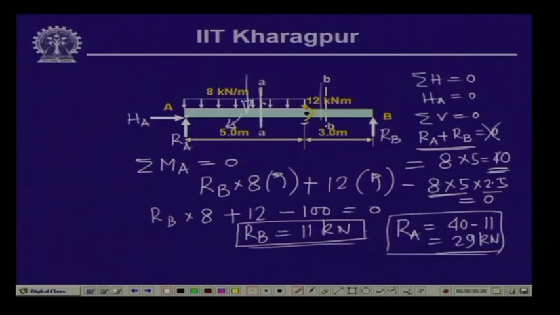So, let us cut the beam at section AA and take the free body diagram of this particular part and see what values of shear force and bending moment we get.